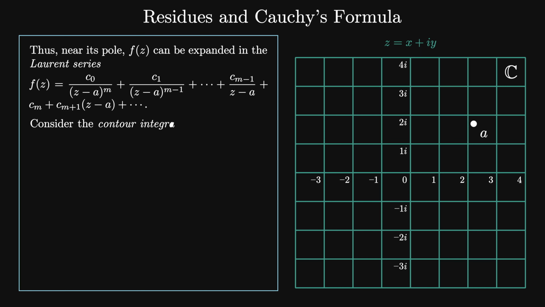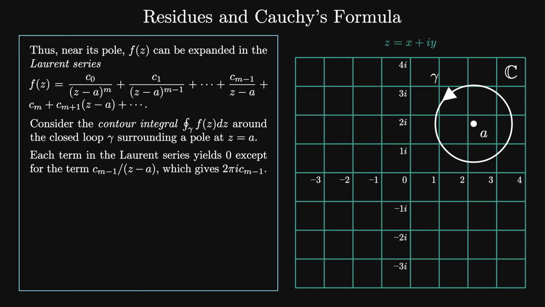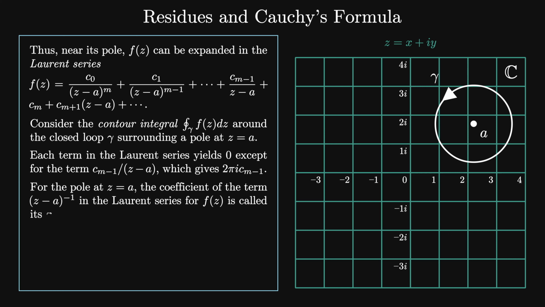Consider the contour integral of f(z) around the closed loop gamma surrounding a pole at z equals a. Each term in the Laurent series yields 0 except for the term c_(m-1) divided by (z minus a), which gives 2 pi i times c_(m-1). For the pole at z equals a, the coefficient of the term 1 over (z minus a) in the Laurent series for f(z) is called its residue.